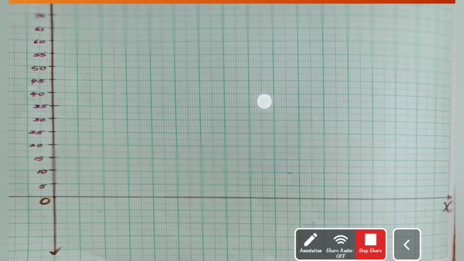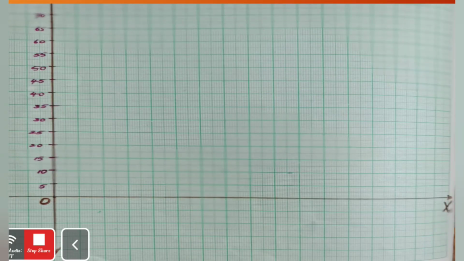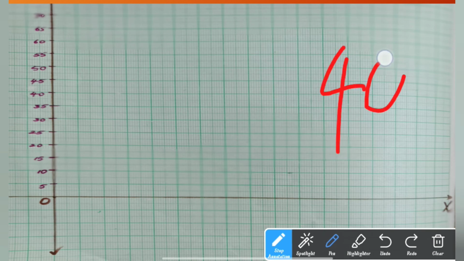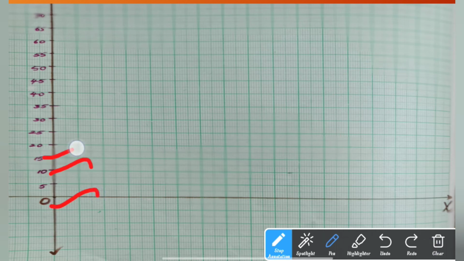As I am unable to get 40 numbers in the same graph sheet, I am considering 1 square as 5, 2 squares as 10, 3 squares as 15, meaning I am adding 5 each time. So 5, 10, 15, 20, 25, 30, 35, 40, like that I am giving the numbers.